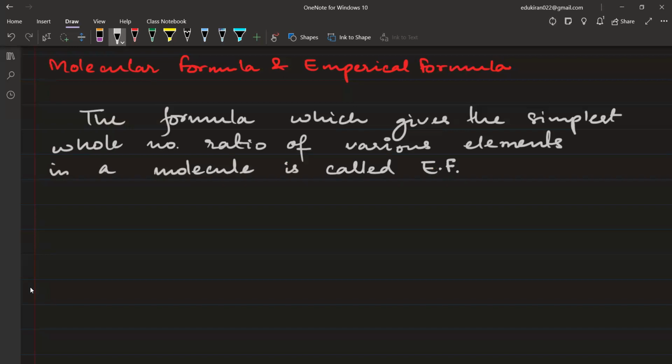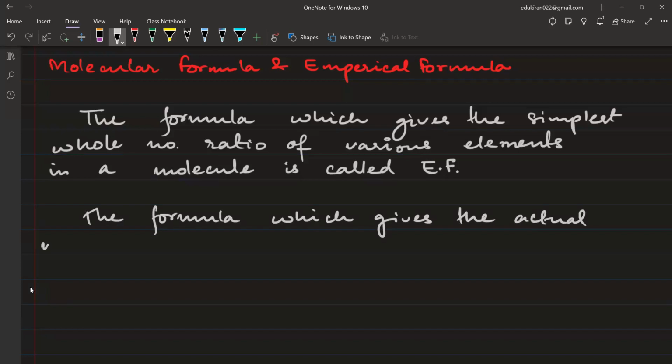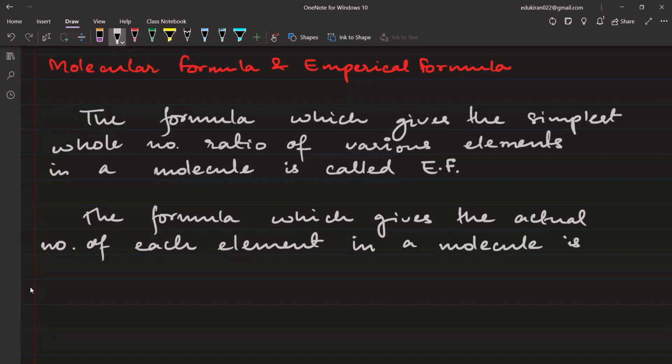What is molecular formula? Please read. The formula which gives the actual number of each element in a molecule is called molecular formula.